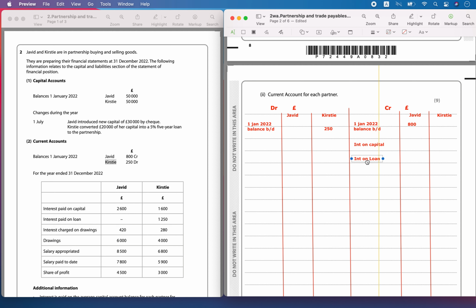Interest on capital is paid to the partners, so these are going out of the business, and all the things coming into the business will be included on this side. So interest on the capital, interest on the loan, and then you have to give the salaries, and then you have the share of profit.